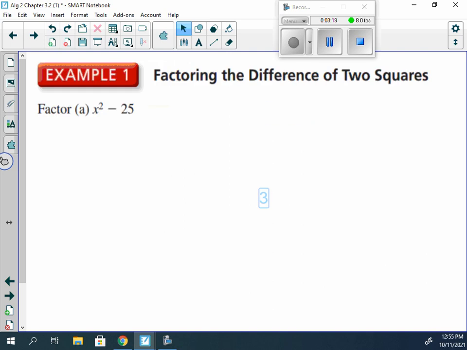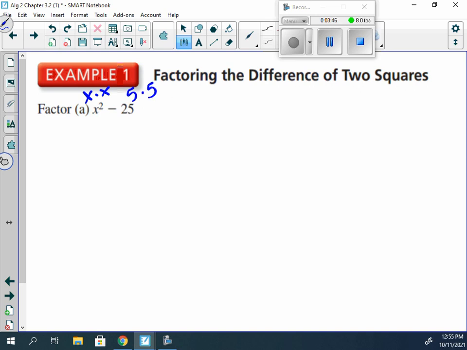Now, if we look at the first one here, x squared minus 25, is this a difference of perfect squares? Can I rewrite x squared as a number times itself? It'd be x times x. What times itself is 25? 5 and 5.